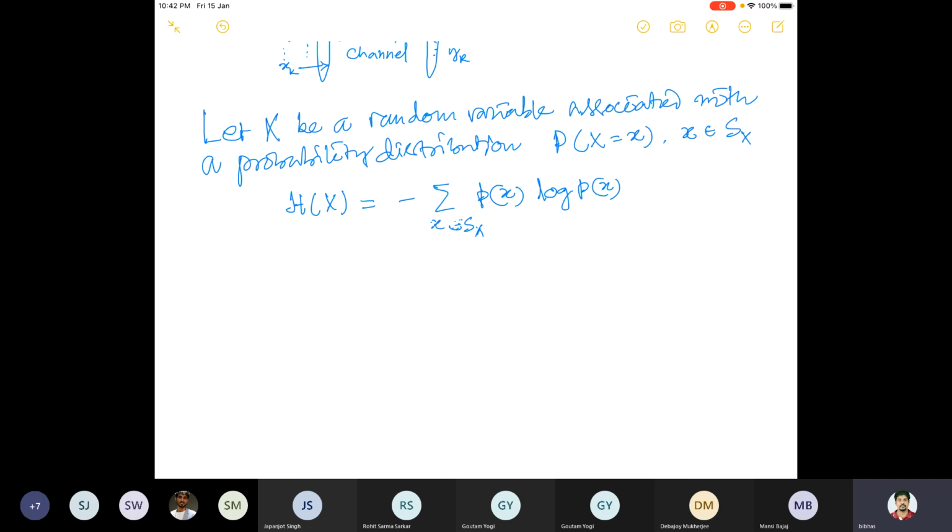This is called the entropy of X, or of the random variable. We also said that if p(x) equals 0 for some outcome, then we get 0 log 0, and in that case we assume that 0 log 0 is equal to 0.